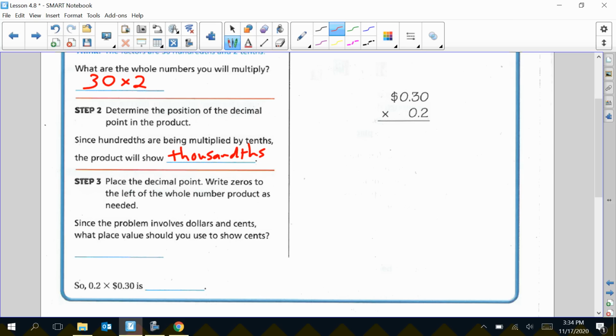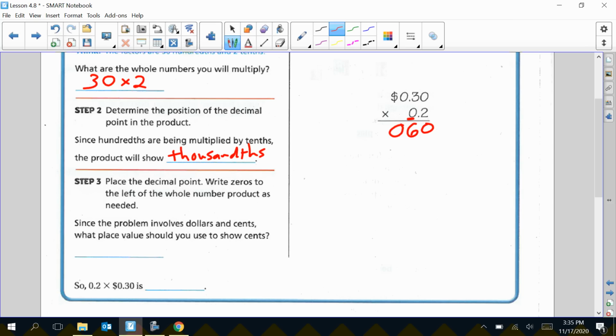So as we multiply this, we're going 2 times 0 is 0, 2 times 3 is 6, and then 2 times 0 is 0. We're not going to worry about this 0 in the ones place, because it's going to result in a lot of zeros.